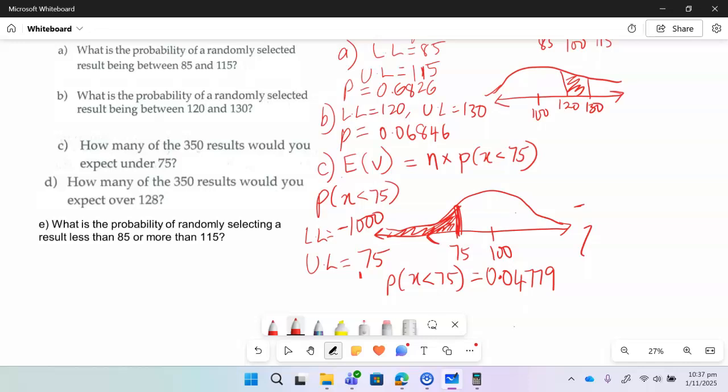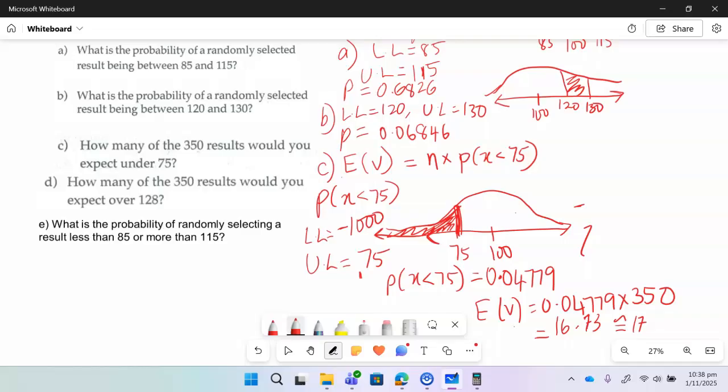So your expected value would be 0.04779 multiplied by 350, which gives us 16.73 rounded, which is approximately equal to 17. I mean, in the context of the question, we don't know whether we want a whole number or a rounded number, so that's where I will leave it.